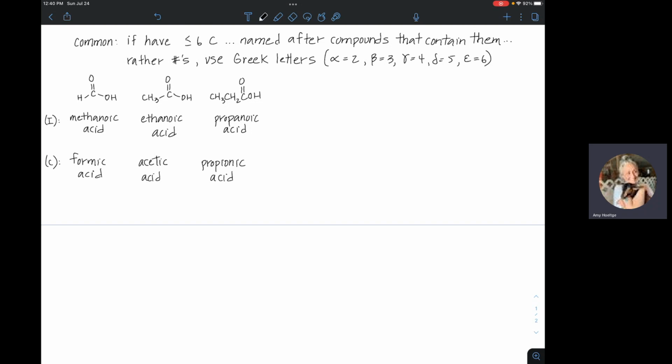And this one wasn't actually named after a specific compound. It was named essentially because it's the smallest carboxylic acid that actually shows characteristics of a fatty acid. A fatty acid is a carboxylic acid with just a big long hydrocarbon tail. That's all.